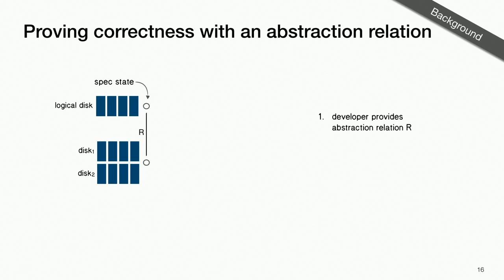But how do we prove this property correct? The way we do that is using an abstraction relation. This whole technique is also called forward simulation. This is all still standard stuff, still background. So with a forward simulation, the developer provides an abstraction relation R, which has 2 purposes. First, it relates the states of the specification to the states of the code. And also, it enforces any invariants over the code.